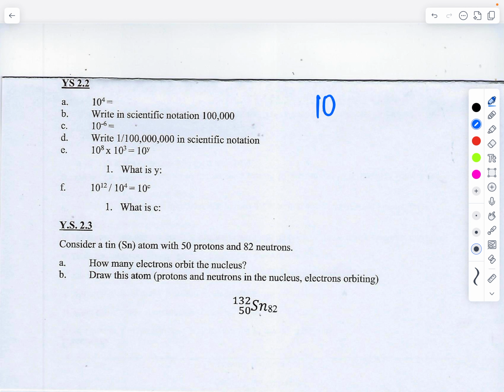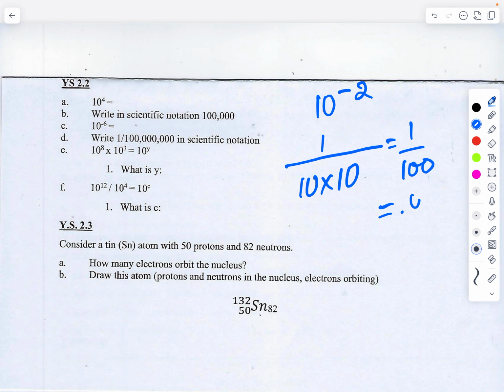Let's do 10 to the negative 2. It's 1 over 10 times 10, which is 1 over 100, which is 0.01, right?